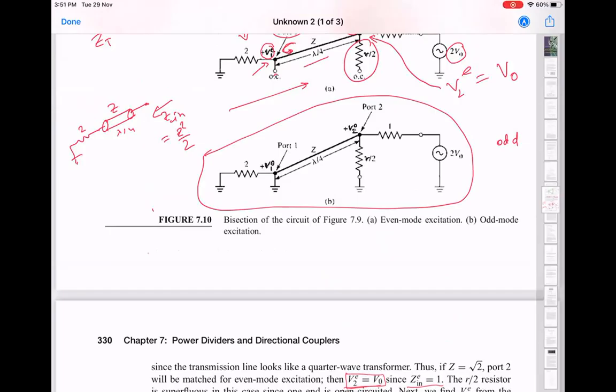Here we cannot remove this resistor R by 2, unlike the case of the even mode, because in the even mode there was no current passing through the R by 2. Now there is a current through the resistor R by 2 into ground. In fact, it's the odd mode calculation which is going to allow us to set a value of this small r, because we still don't know that.